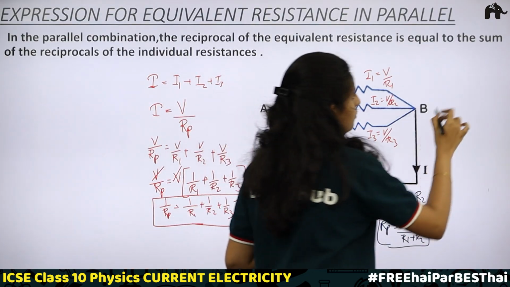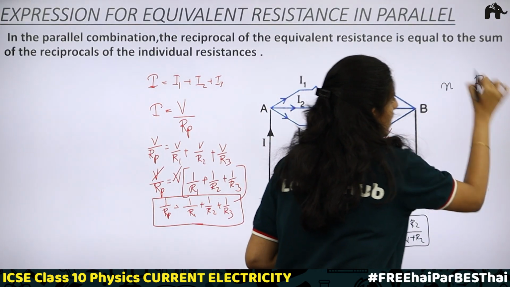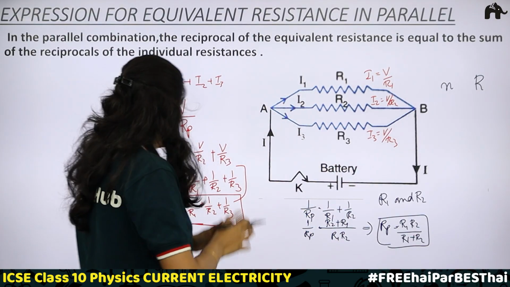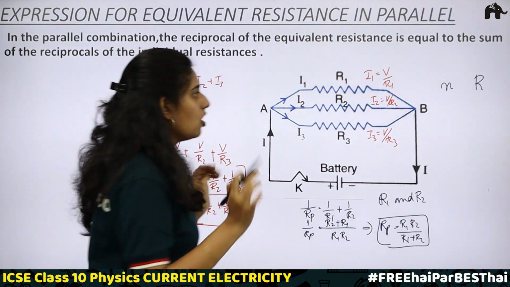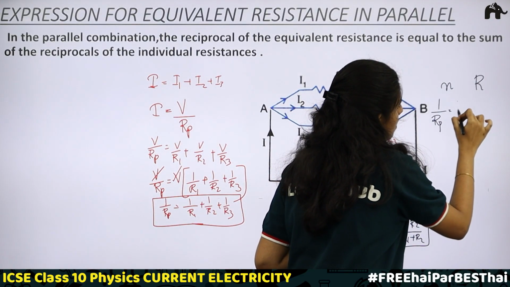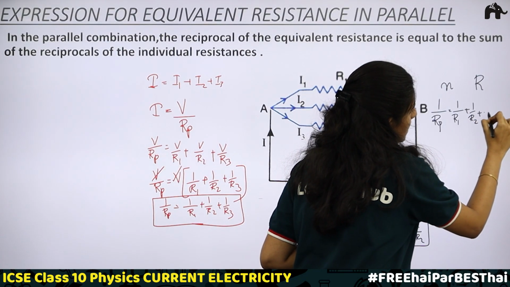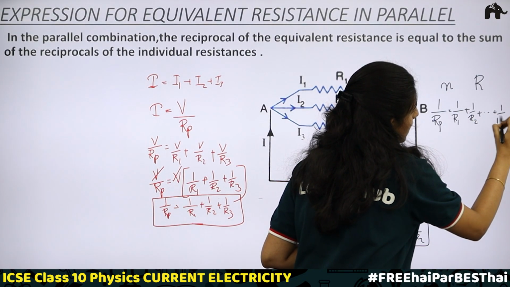Okay, now if you have N number of resistors of resistance value R, how to find Rp? Total resistance. We have 1 by Rp is equal to 1 by R1 plus 1 by R2 plus etc. plus 1 by Rn.